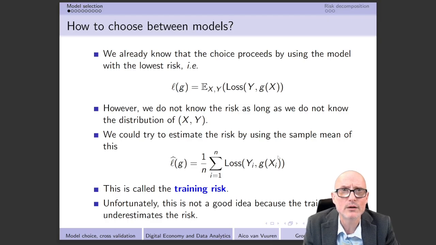Well, even though this looks very brilliant, we should take into account this is actually not a good idea. And even though at this stage I'm not going to exactly say why, that's because a training risk is always going to underestimate. There is some kind of bias, a lower bias, which is going to underestimate the theoretical risk.